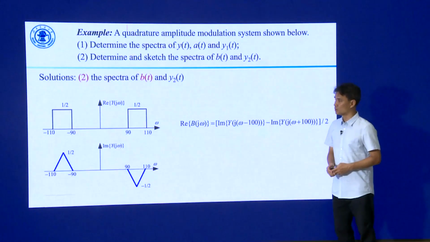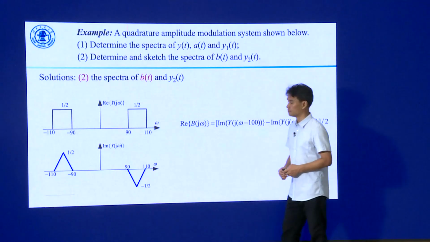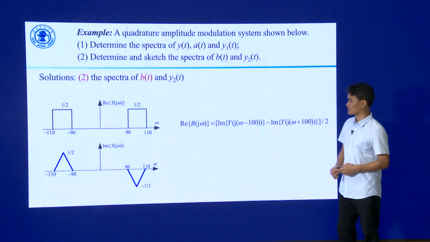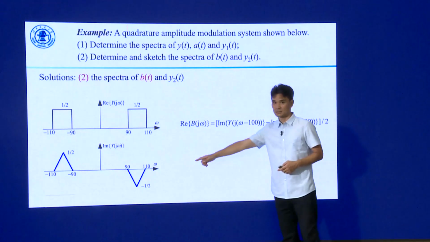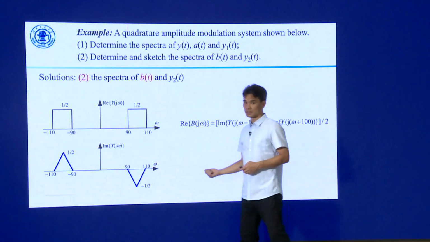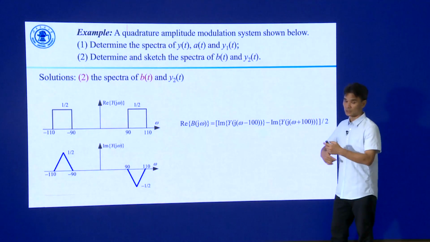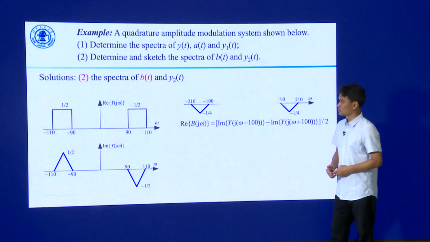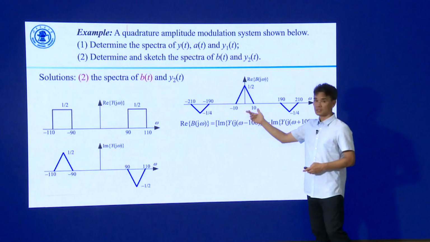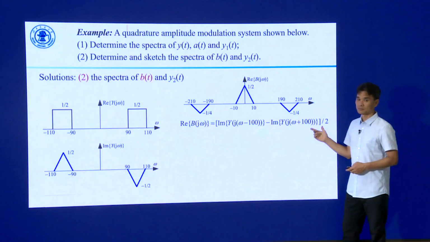So let's take a look at what's going to happen to this spectrum. What we need to do is, again, split it into half and shift towards the left and right. But for part of it, you need to switch the sign. So here is the spectrum for the resulting signal.